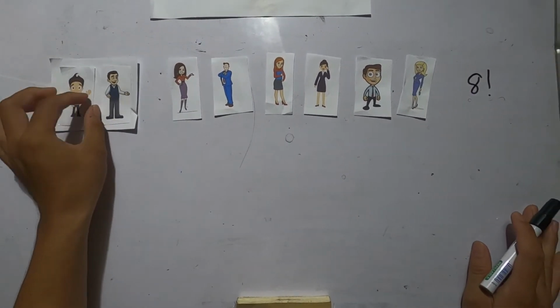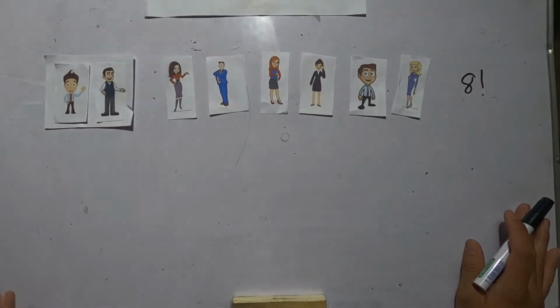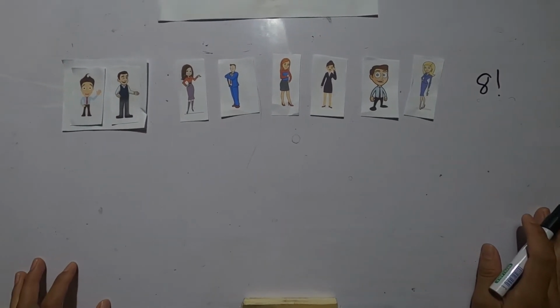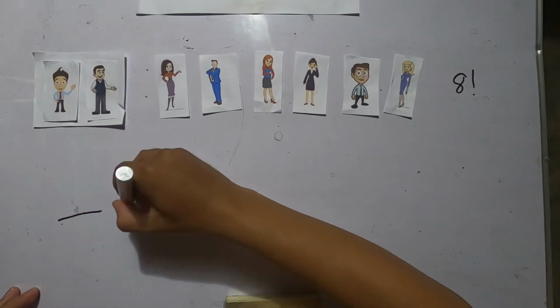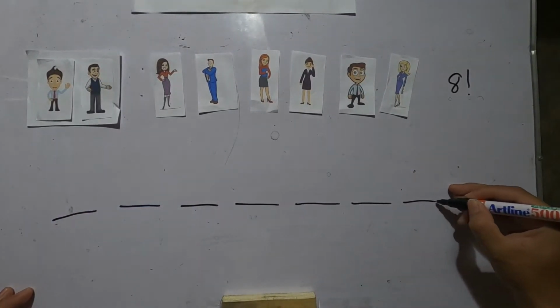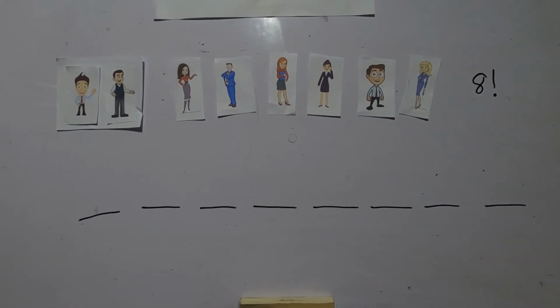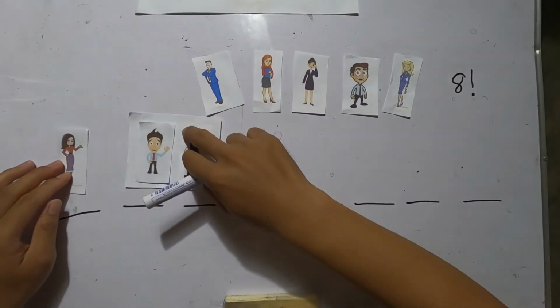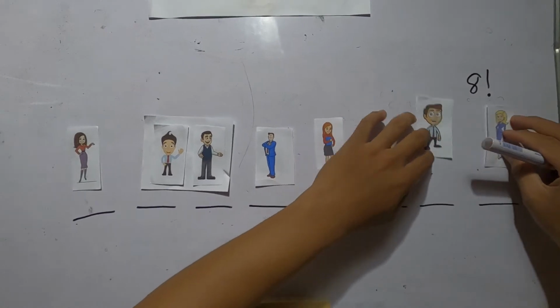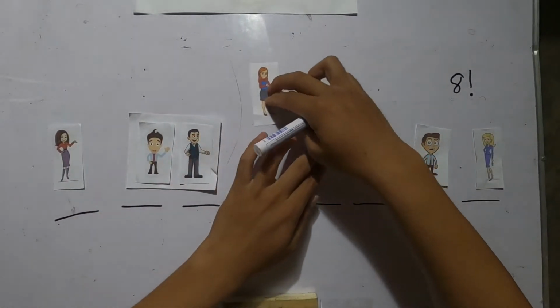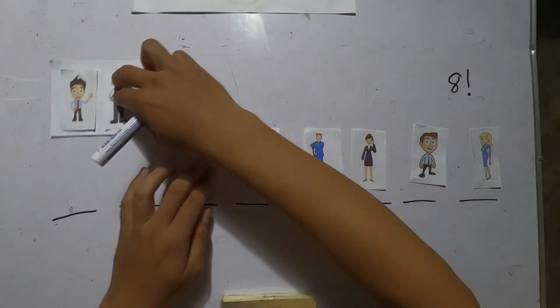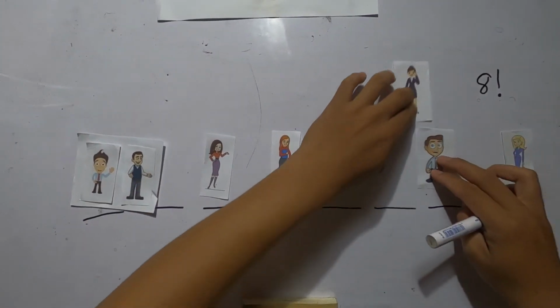By illustration, we have 8 individuals where 2 of them are counted as one. By manipulation, it seems that we are just arranging 7 persons.